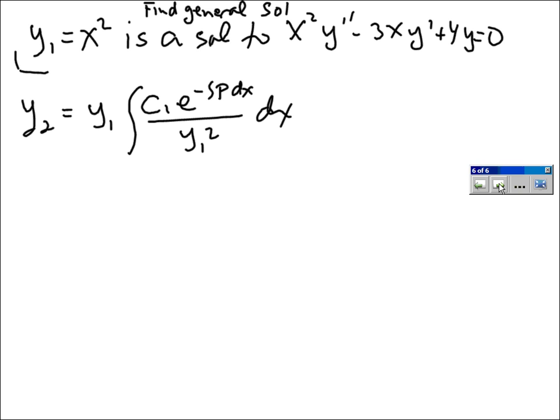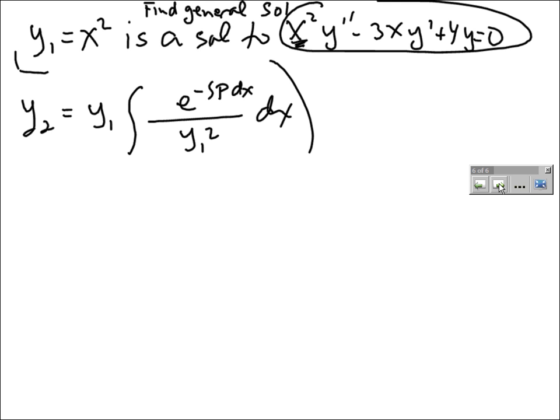Now, for this to work, we're going to have to divide every term by x squared, because we want to have y double prime, not x squared y double prime.